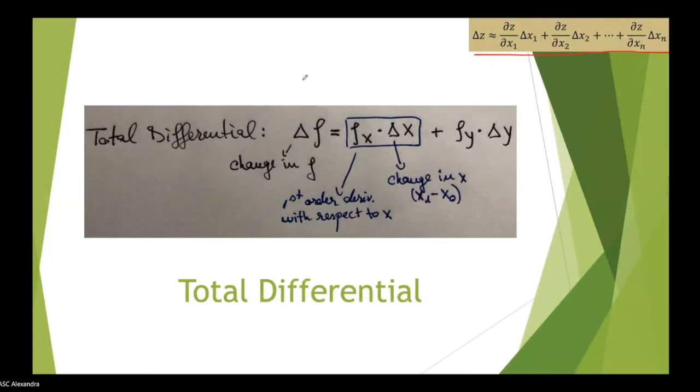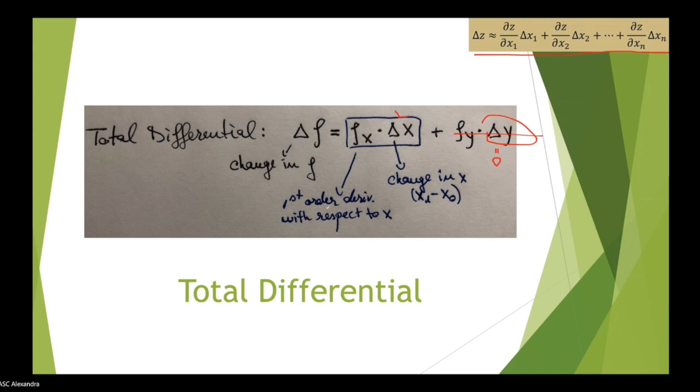So if an exercise tells you that your x changes by 2 units, and that your y stays the same, it means that the change in y is going to be 0. So you automatically can disregard this, and your change in x is 2.